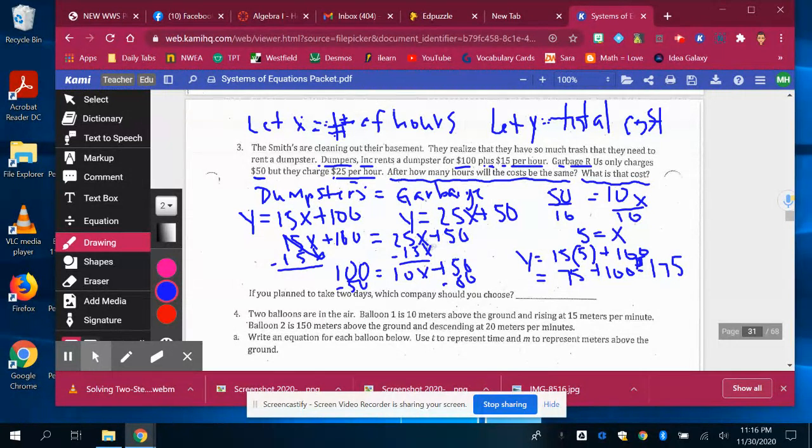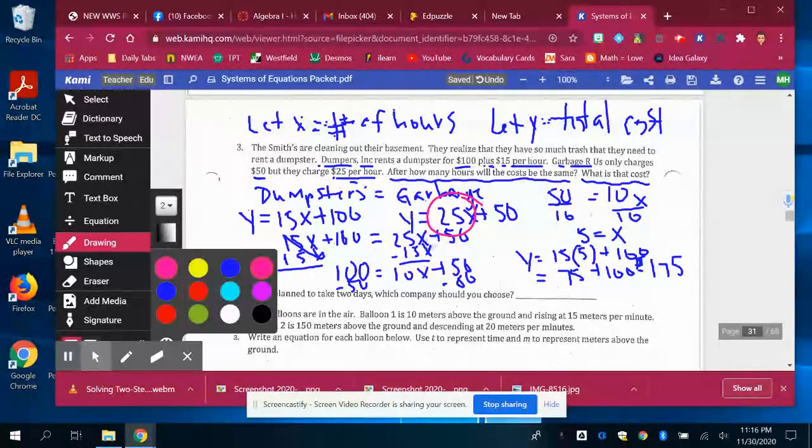And you could substitute into either of these two equations. But I want you to notice if we were to multiply 25 times 48 in this equation right here, that's going to be a big amount. And I don't think this $50, even though it's $50 less, is going to make any difference in making Garbage R Us any cheaper than Dumpsters.